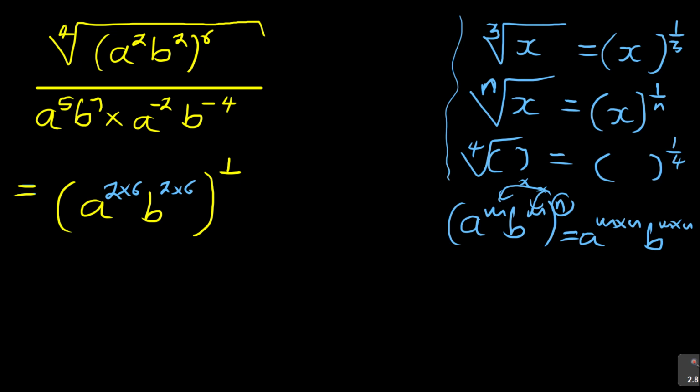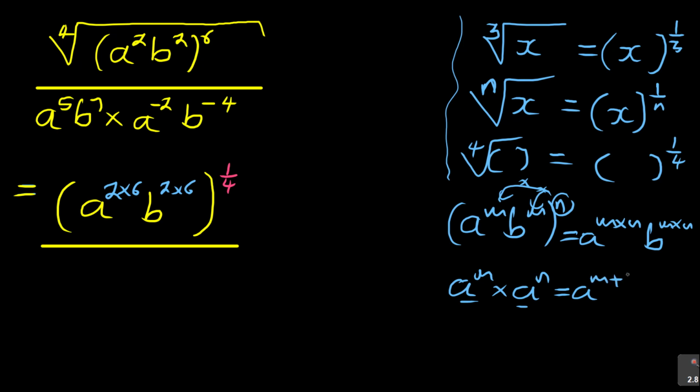Maybe I can write it with a different color to show you what I changed there. When you do that, you are dividing that by the normal. Again, let me not waste time. When you are multiplying, remember the laws. I'm using the laws here. If you're given a to the power of m times a to the power of n, what do you know? If the base is the same and there's a multiplication sign, it's a to the power of m plus n.